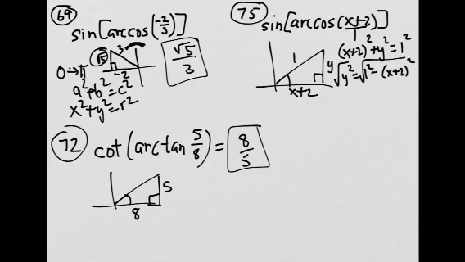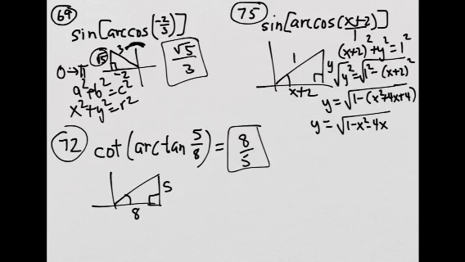So y equals square root of 1 minus, now multiply out the x plus 2 squared, x squared plus 4x plus 4, and distribute the negative, we get y equals square root of 1 minus x squared minus 4x minus 4.